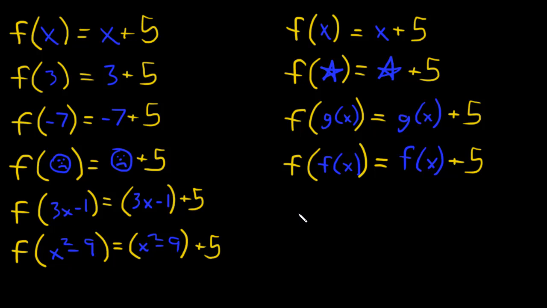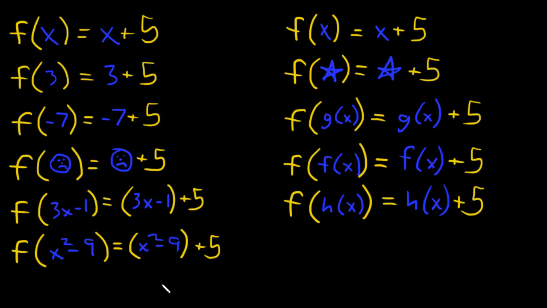And what about f of h of x? Well, that would just be h of x plus 5. All right? So that's how all of this works. Whatever I have for my f notation, that distributes over in place of the x. Every x that's on the right, it distributes over. Alrighty, so let me clear the screen and let's try this a little bit more. Here we go.